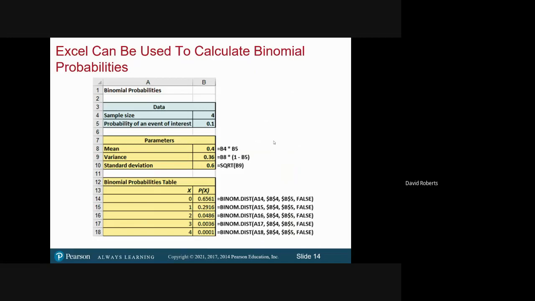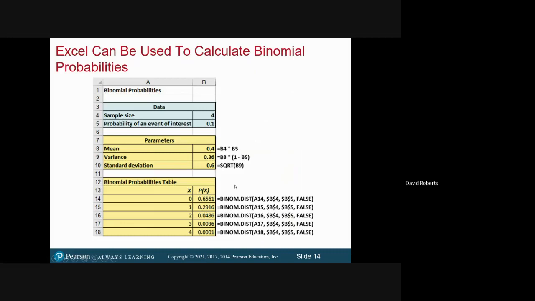But if you want from 0 to 2, if you put true instead of false at the end of the binom.dist function in Excel, it will add up 0 and 1 and 2 for you. It is also good because then if you wanted something above 2, you could go 1 minus that number, or in this case, you can simply add 3 and 4 together. So it gives you lots of flexibility.